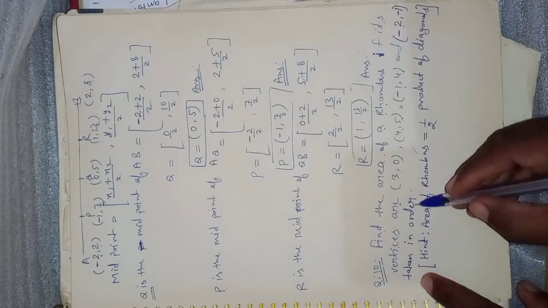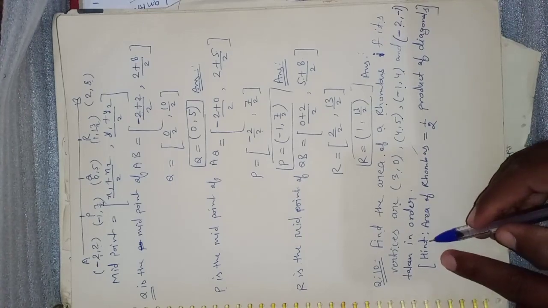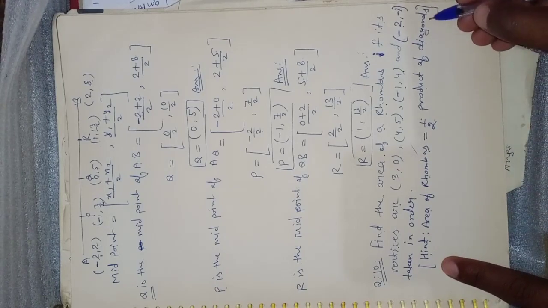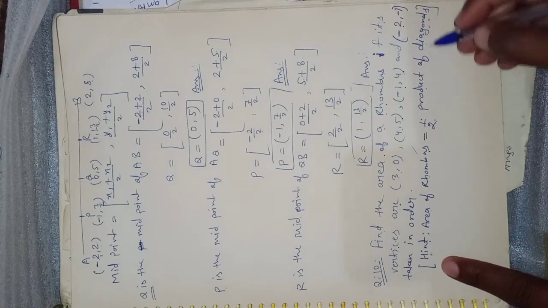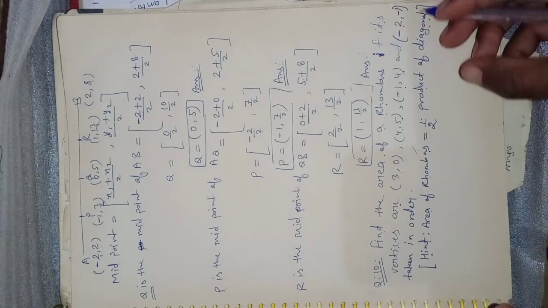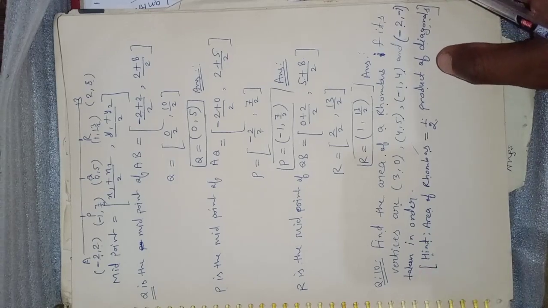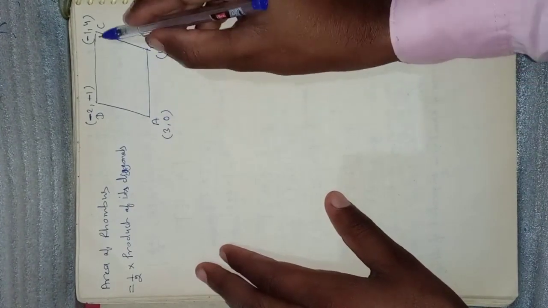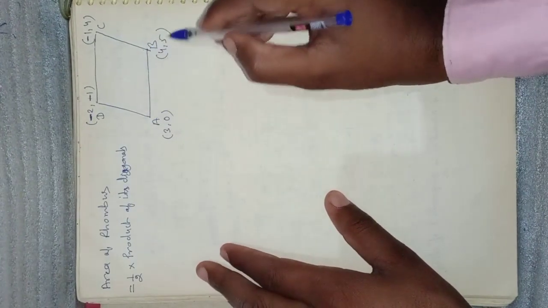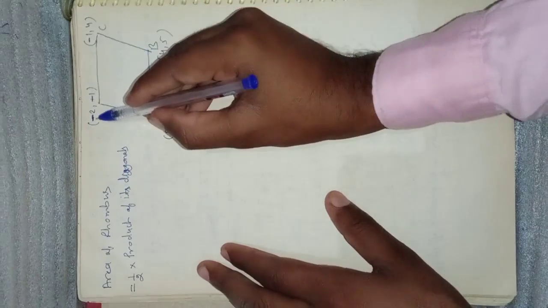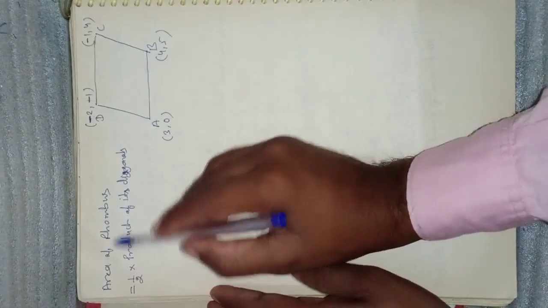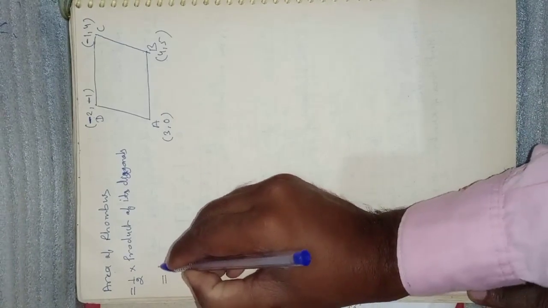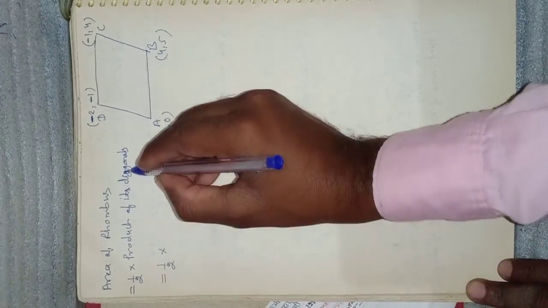The hint given is that the area of a rhombus uses the formula 1 upon 2 times the product of its diagonals, meaning we find the distance of the diagonals. Given ABCD is a rhombus: A is (3, 0), B is (4, 5), C is (minus 1, 4) and D is (minus 2, minus 1). Use 1 upon 2 into the product of its diagonals.